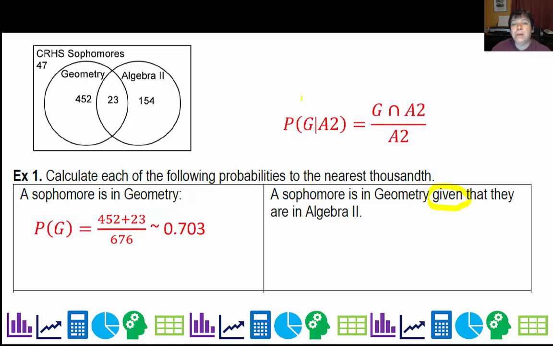It's given, but I also want them to be in geometry. Out of how many students? Well, I'm only looking at algebra 2. So that's how I'm going to calculate it. How many students are in geometry and algebra 2? That would be the 23 right there. Out of what total? This total right here. So 23 out of 177, or about 13%.